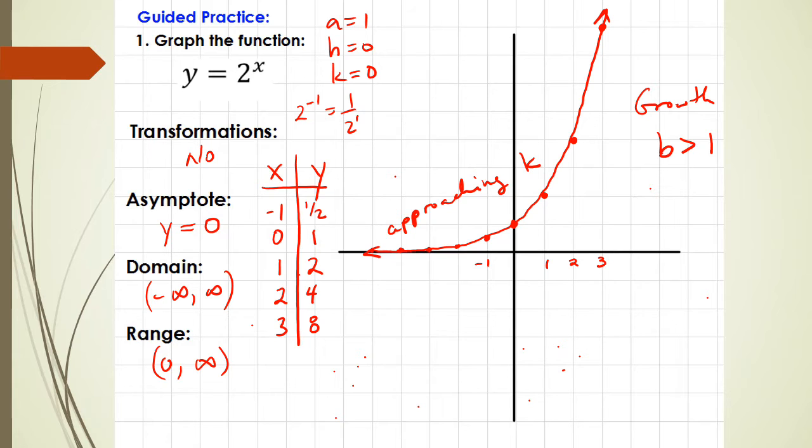We are approaching 0. Okay? That's not k divided by 0. We're approaching k, which is equal to 0. But we never actually get to 0. The graph never actually hits 0. Which is, again, why we put the parentheses around the 0 in the range. It gets really, really close to 0, but never actually gets to 0. All right, I think that's it.